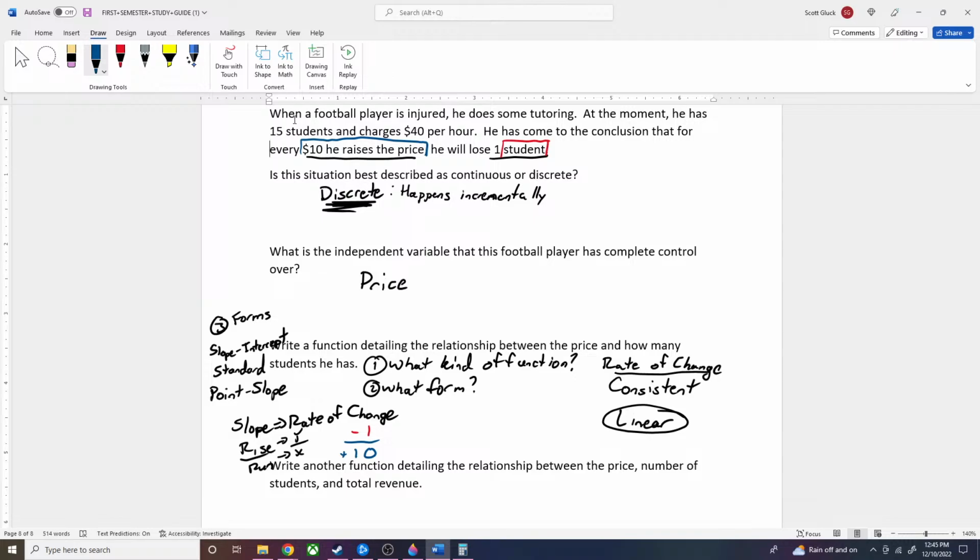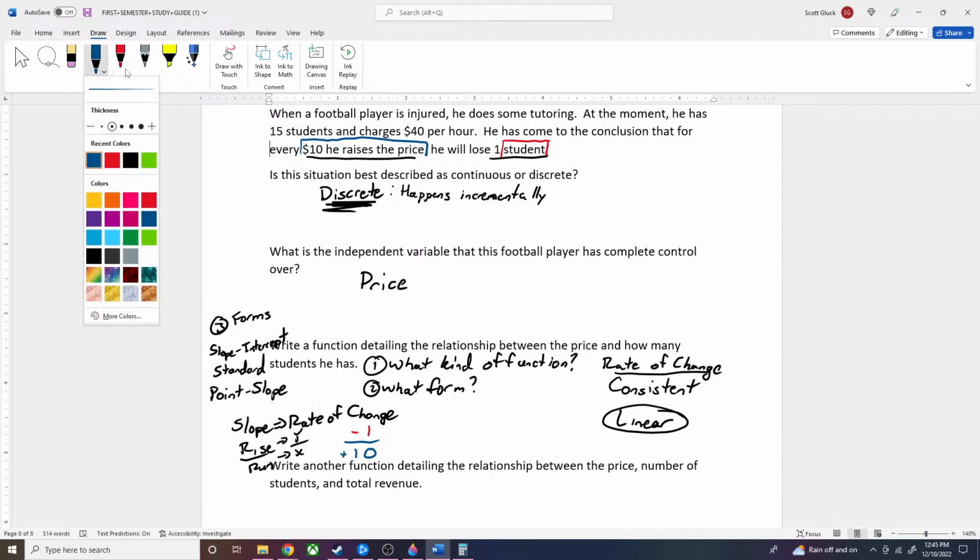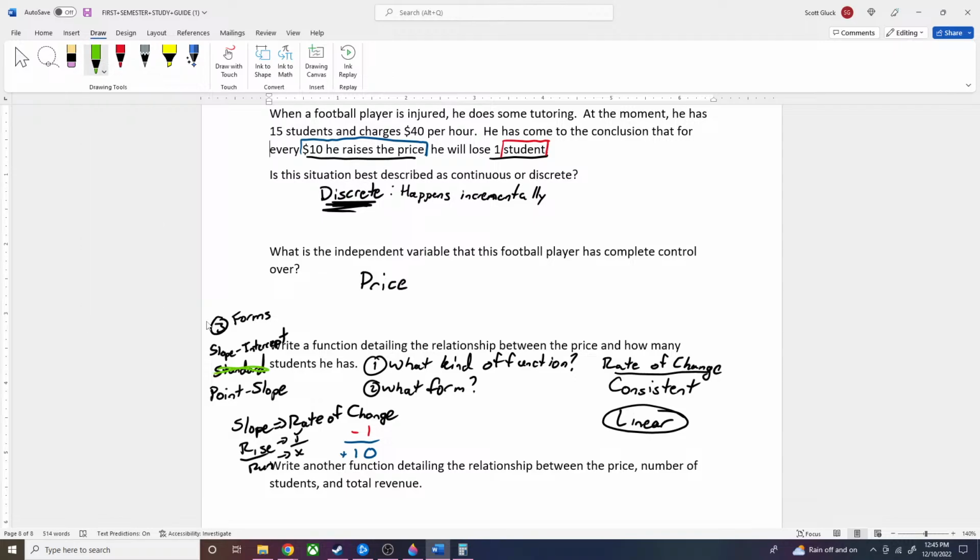Now, with that, I'll go ahead and tell you right now that standard form is not going to help us here. But take a moment, think about it. What is going to be the best form? Slope-intercept or point-slope form? Do we know the y-intercept?